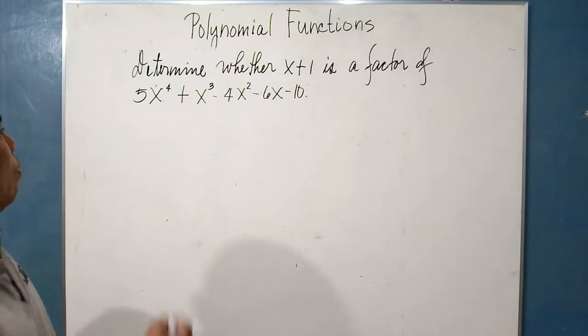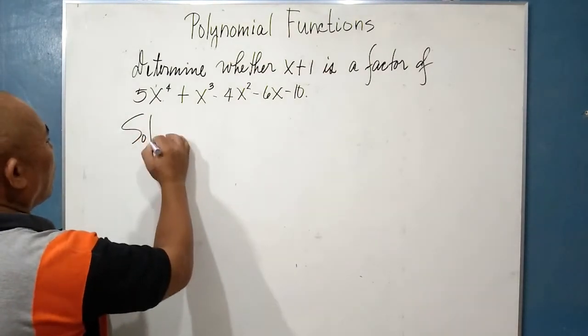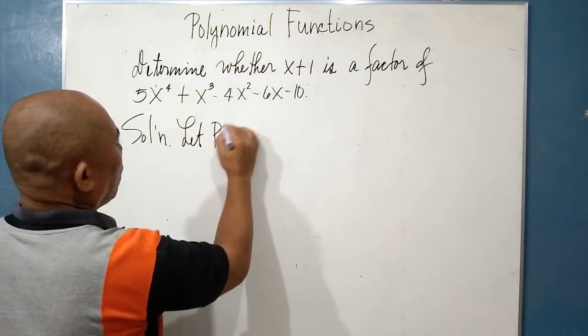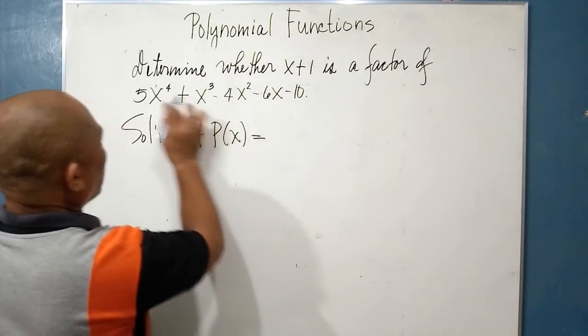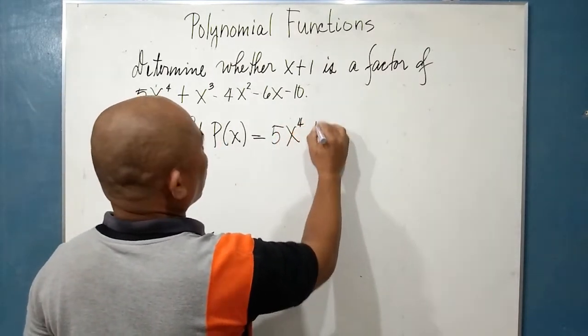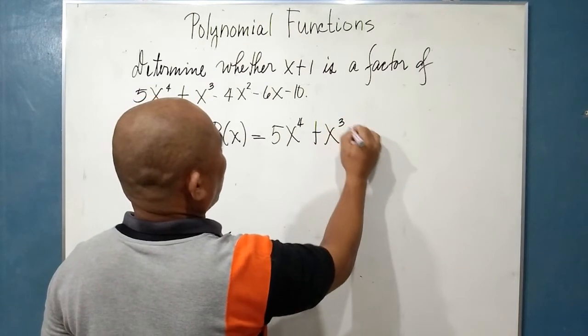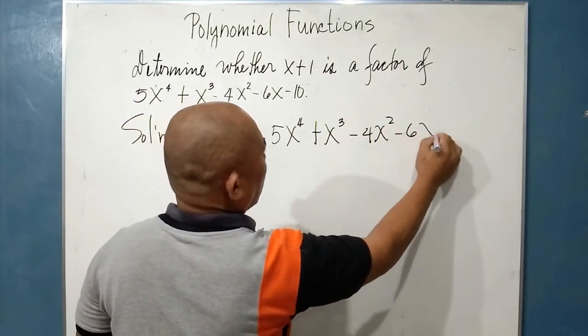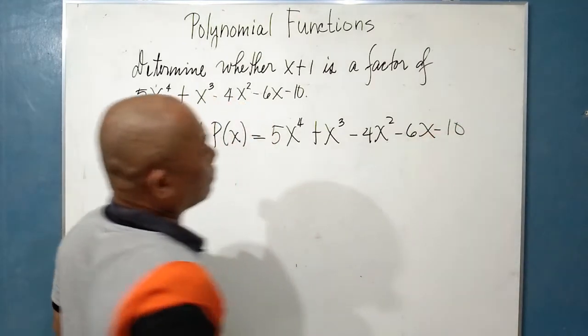Sa atong solution diri, ingon ta nga, let p of x equals 5x raised to 4 plus x cubed minus 4x squared minus 6x minus 10.